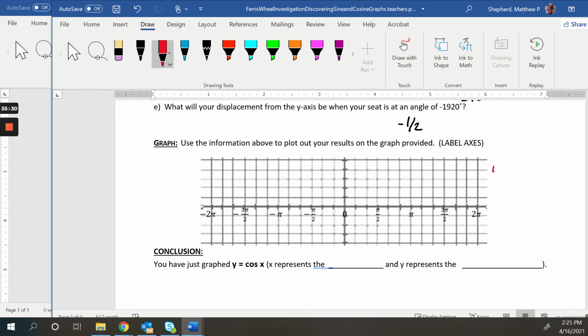We're going to once again go up to a 1 and down to a negative 1. So this time we started all the way up at 1, then at pi over 6 we were down at 0.8, then we went to 0.5, 0, negative 0.5, negative 0.8, negative 1, negative 0.8.